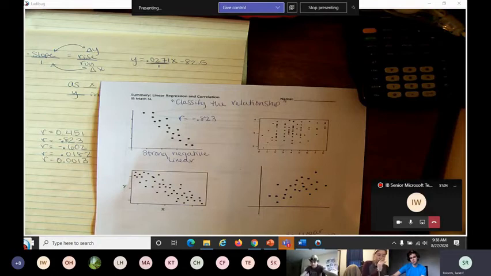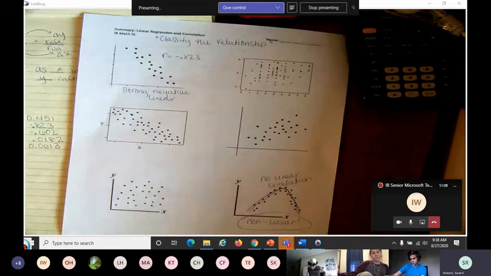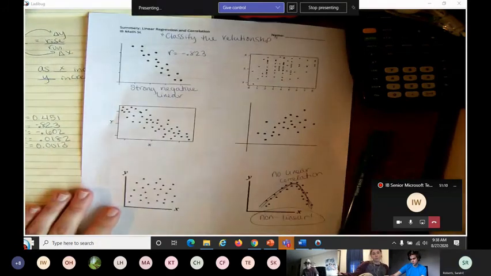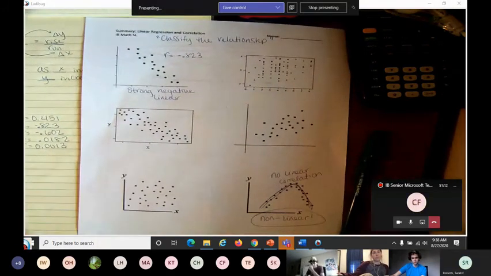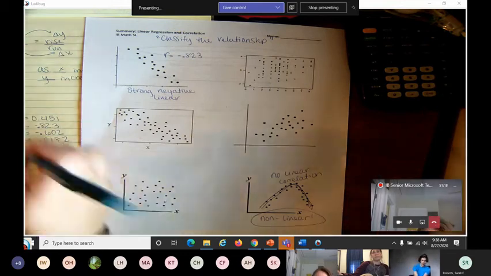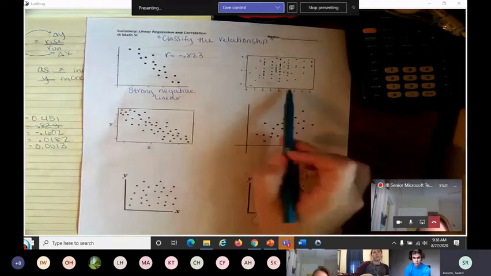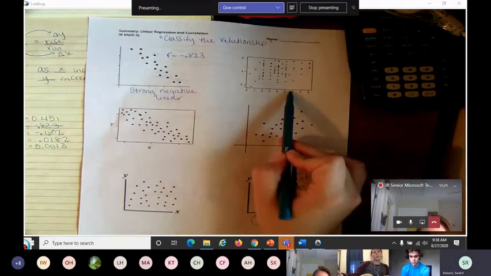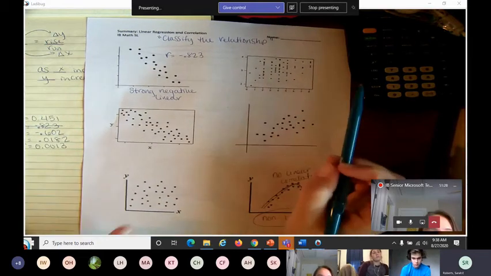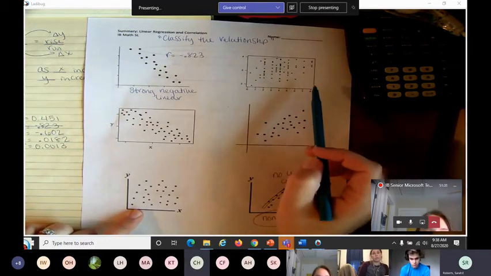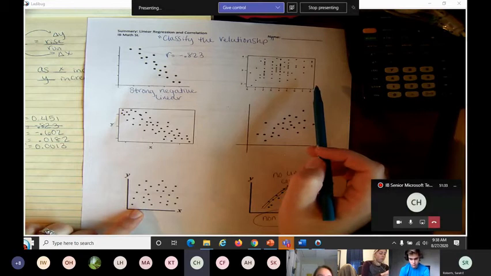Which one do you guys feel like is the next obvious? The 0.0013 is the second one. So this one right here. I feel like that one's tough. I was going to say that last one on the bottom left.